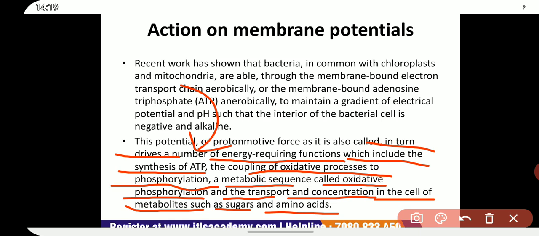This, in a few simple words, is the basis of chemiosmotic theory, linking metabolism to energy-requiring processes.